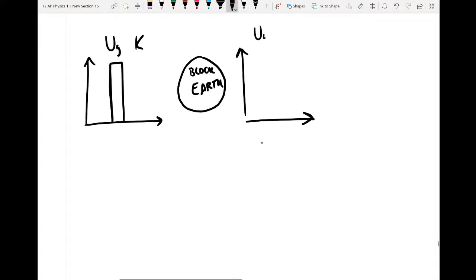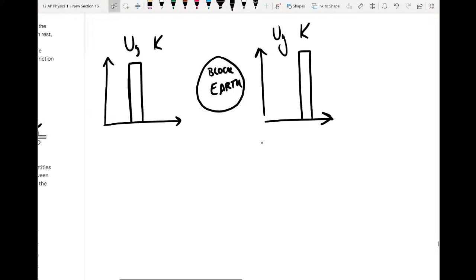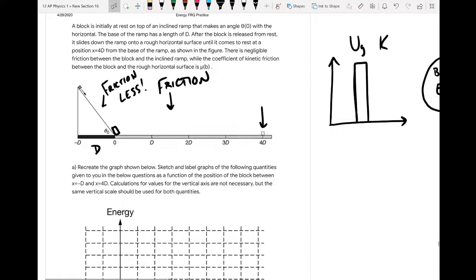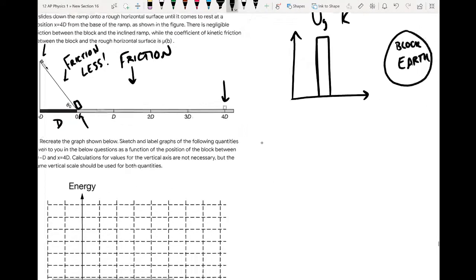Then I go from all that potential to kinetic energy. So from there to there, all of my potential goes to kinetic.